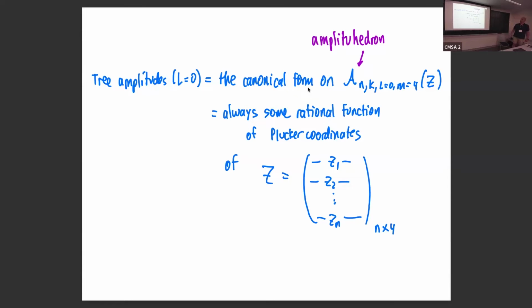So if you calculate the canonical form on the tree level Amplituhedron, that literally computes tree amplitudes. And as has been emphasized, this always gives you some rational function of the Plücker coordinates on this n×4 matrix. It's just a conjecture that the Amplituhedron is a positive geometry, and that its canonical form calculates the amplitude.